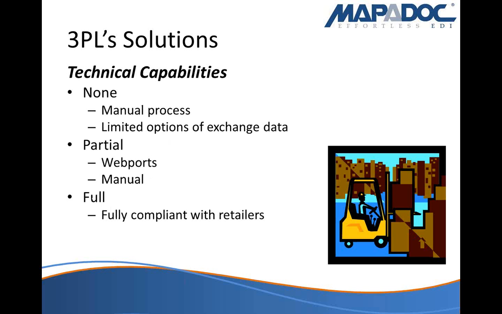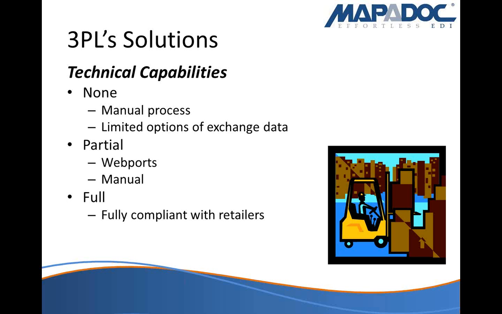What we have found when talking to our customers who are getting involved with third-party warehouses is there are three different categories: none, partial, and full. None means that you're sending orders to the warehouse via faxes, via emails, sending them big files, and they've got limited resources to send all the shipping information back that you need in order to create any kind of document going to your trading partners.